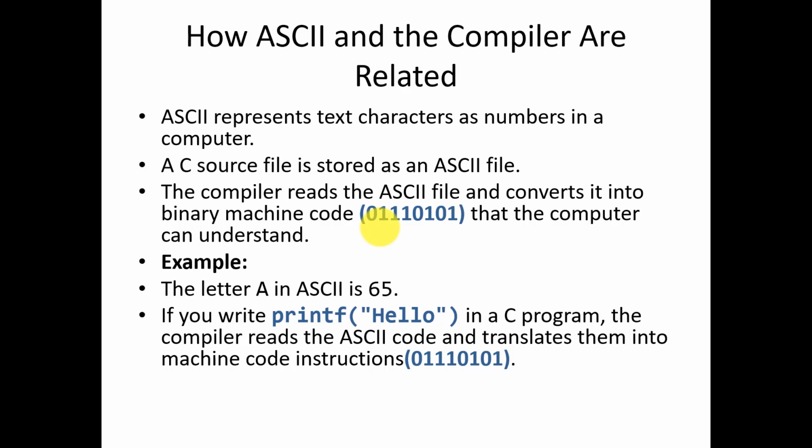These two numbers, 0 and 1, are called binary machine code. They are organized in a series of 8 digits, like this example.